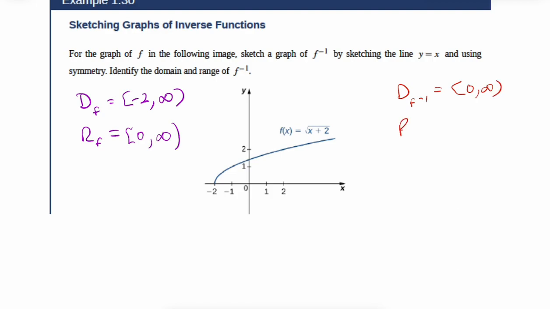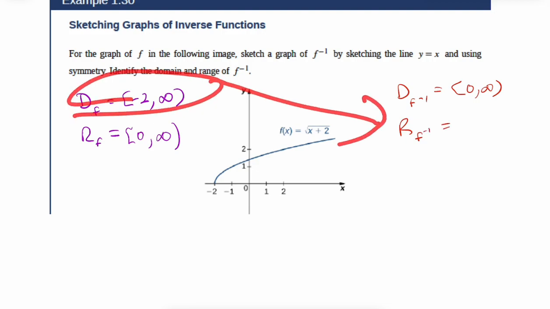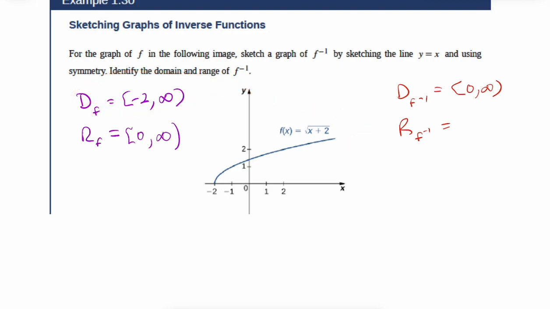The range of our new graph will be the domain of the other, okay? So that's going to be -2 to infinity. Without even looking, I know that, okay?